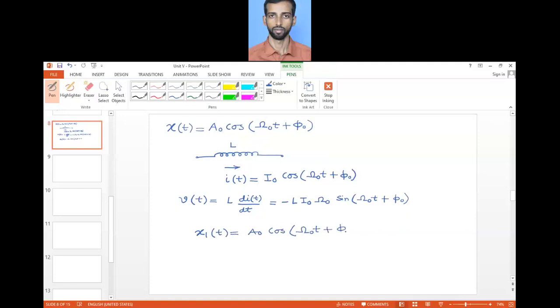Suppose this is your input signal, and in the response you get some x2 of t, where the amplitude is multiplied by some factor, so I can write it as k times A naught, and if you incorporate the sign into the cos, you get cos of omega naught t plus phi 1.